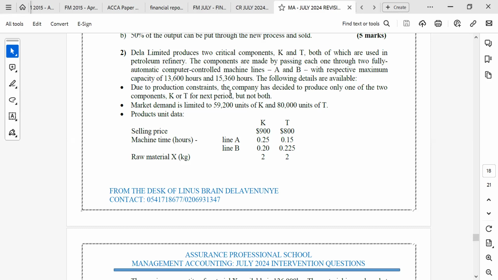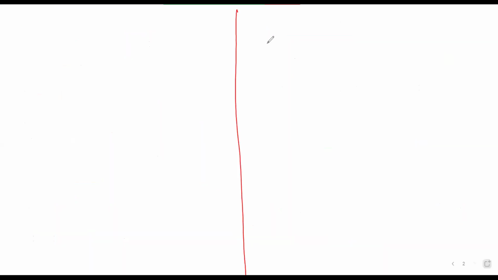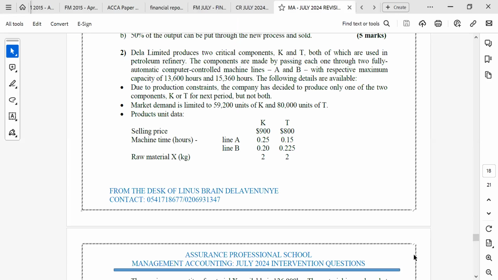So we are saying that we should produce product K, but the machine hours available on line A, the total hours available, is 13,600. So if we want to produce product K first, how many of product K are we going to be producing?